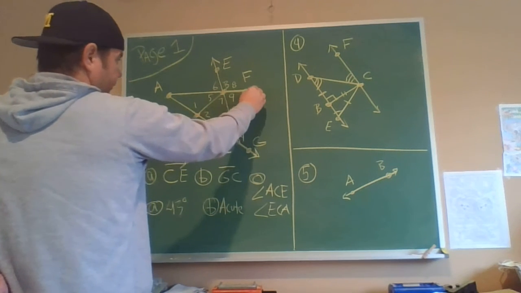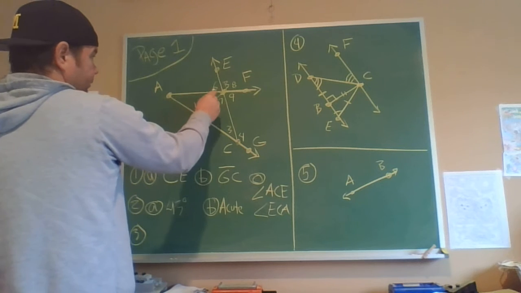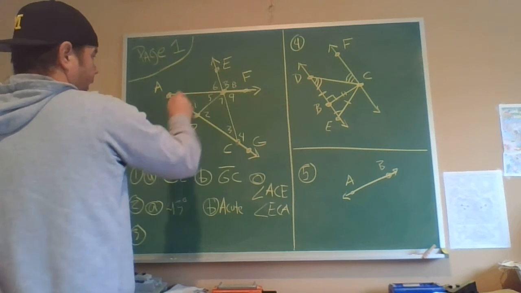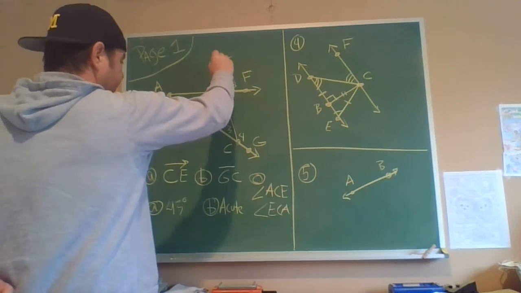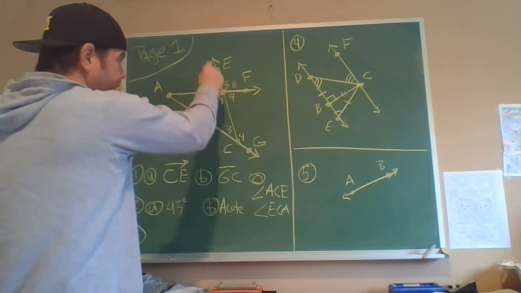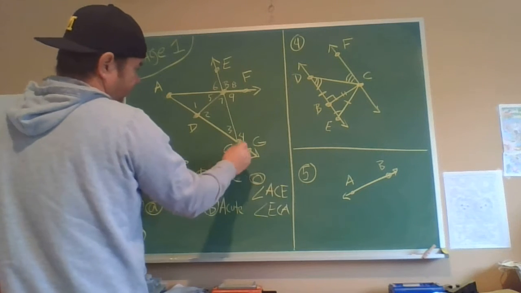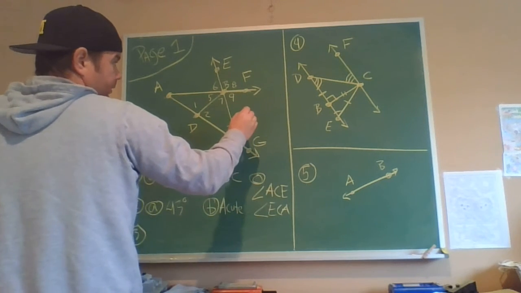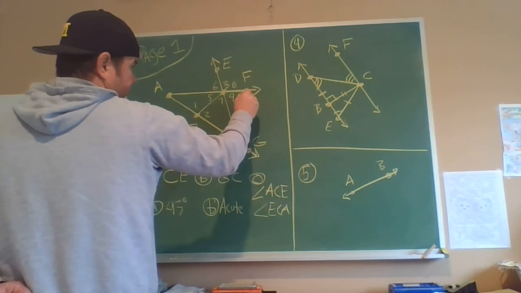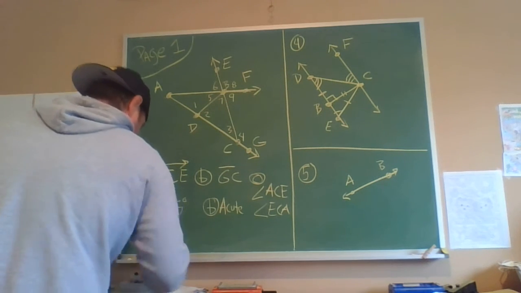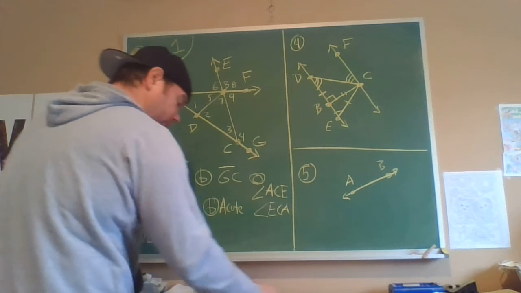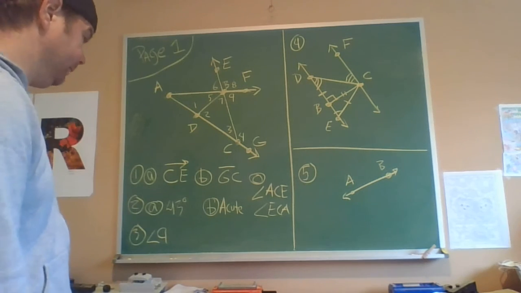So the lines that form angle 6 are AF and EC, right? So what other angle on the other side of this vertex is formed by the same two lines? Well, that would be angle 9, right? So angle 9 is vertical with angle 6. Okay, that's a pair of vertical angles.